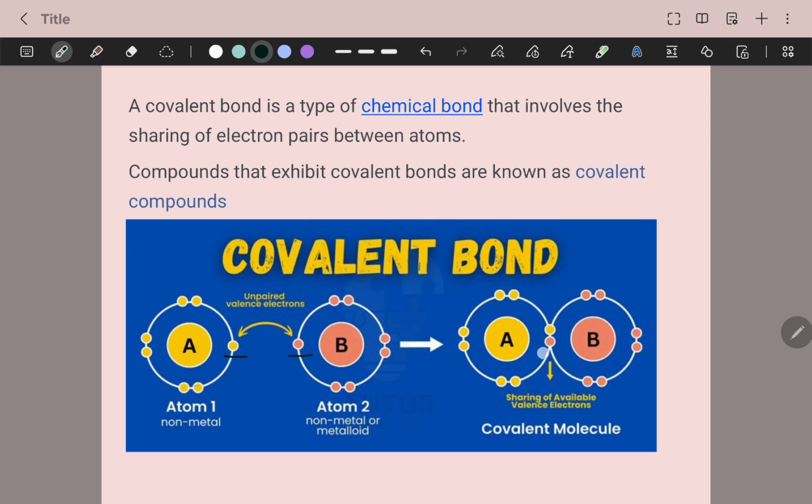So these electrons are shared between them. A covalent bond is formed in which there is sharing of electron pairs. Here this is one pair of electrons between the two atoms. And such compounds are called covalent compounds.